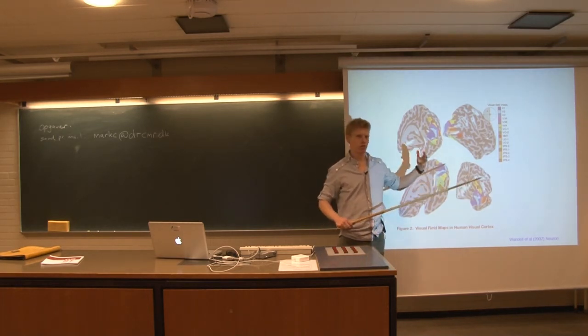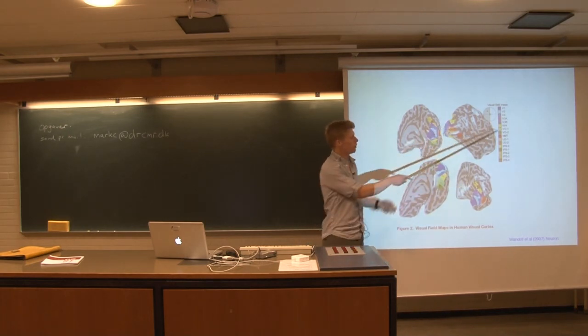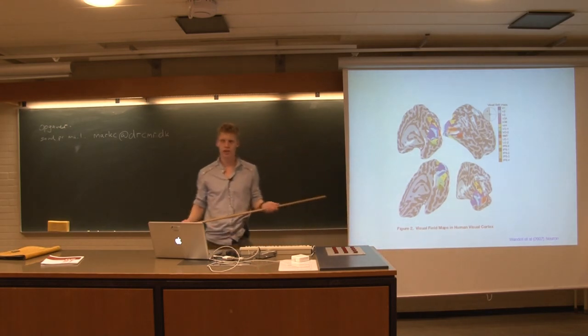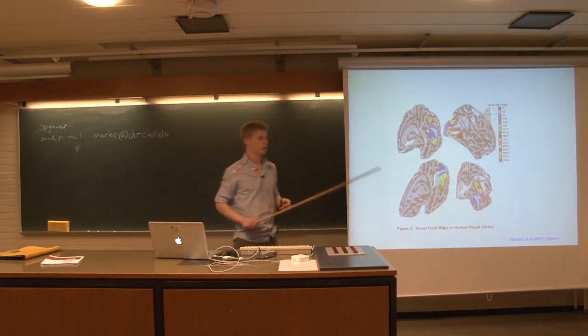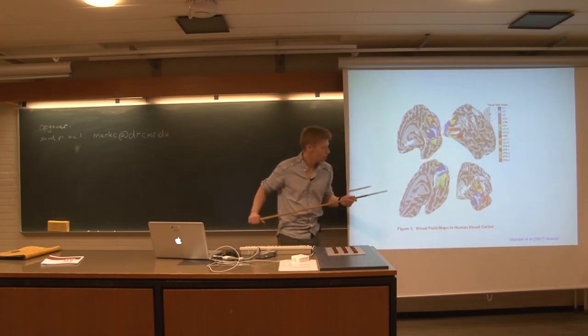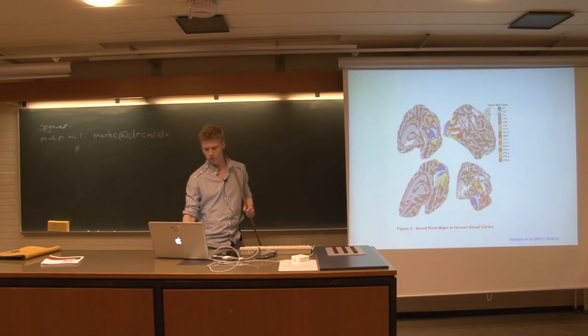And this is preserved even into very highly specialized visual areas, for instance the motion sensitive area MT. It's not in all of them, but it's in a lot of these areas that you have this retinotopic organization.